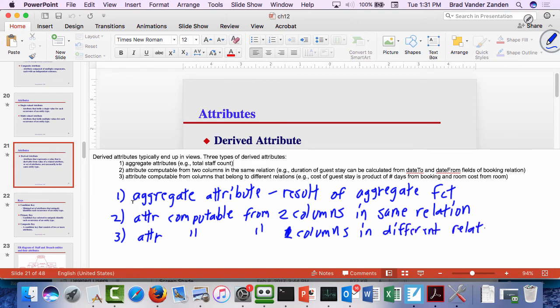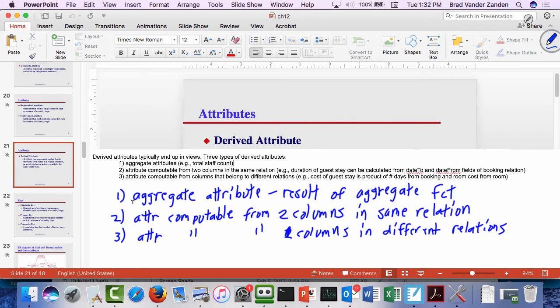So you had to do this actually in one of your homework assignments where we may care about the revenue derived from a guest. Well, in order to calculate the revenue derived from a guest on their stay, we need to know about the length of stay, which we can get from the booking relation, and we need to know the price of the room, which we get from the room relation.